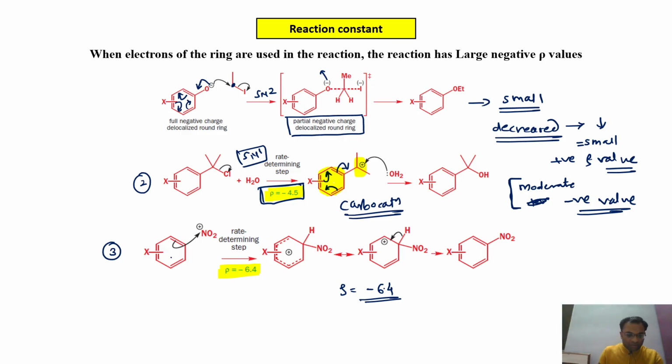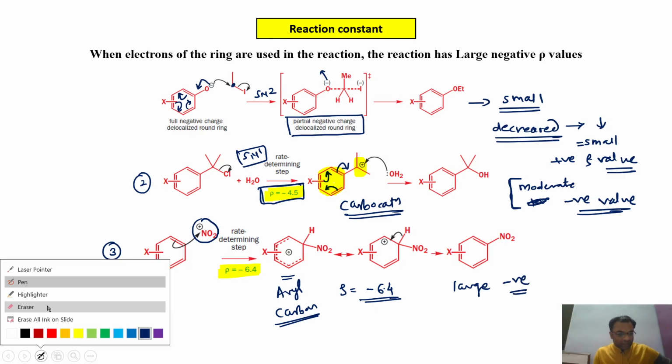This is because after the reaction of substituted benzene with the nitro group, a sigma complex forms, where the positive charge is directly formed on the aryl carbon, which completely delocalizes with this ring, and therefore the rho value is large and negative.